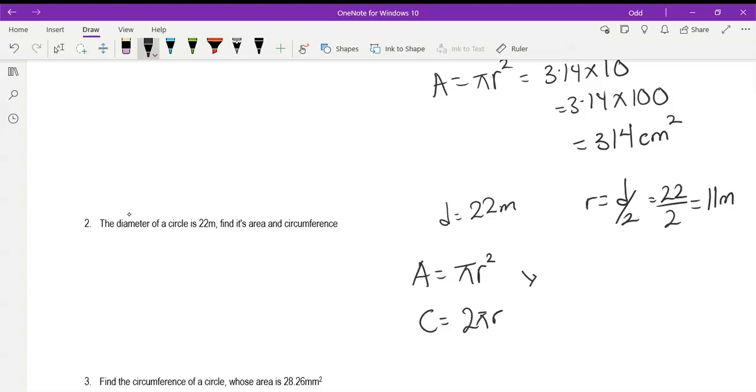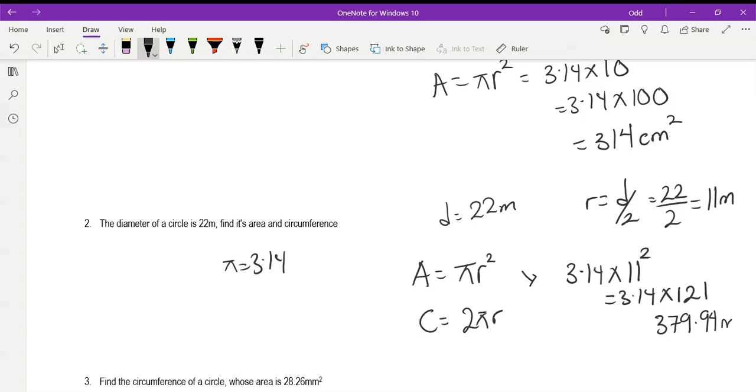Let's find our area. We use pi as 3.14, so that will be 3.14 times 11 squared. 11 squared is 121, so 3.14 times 121 is 379.94 meters squared. The unit will be meters squared.